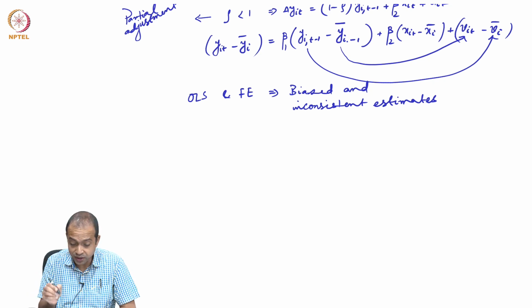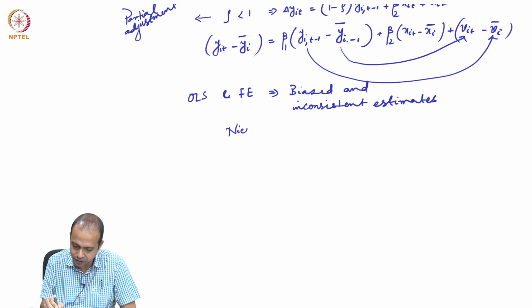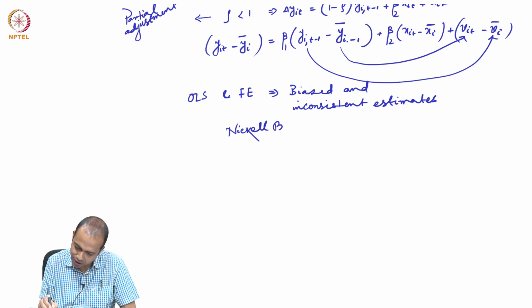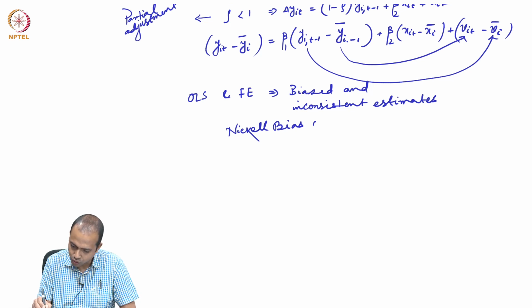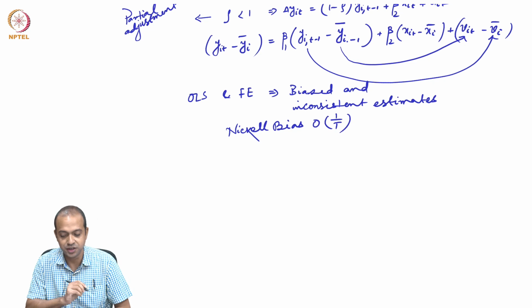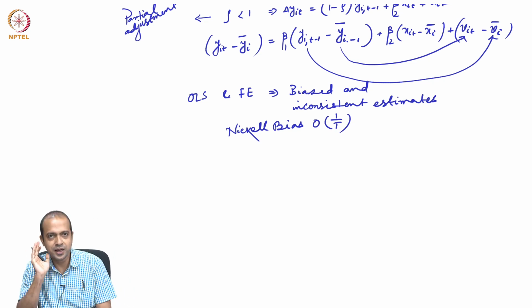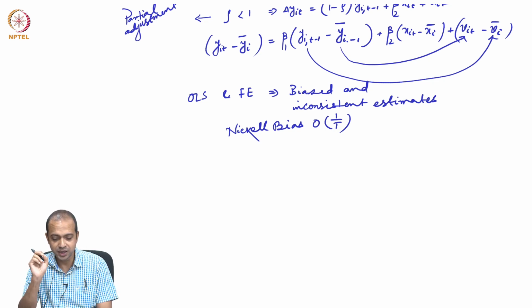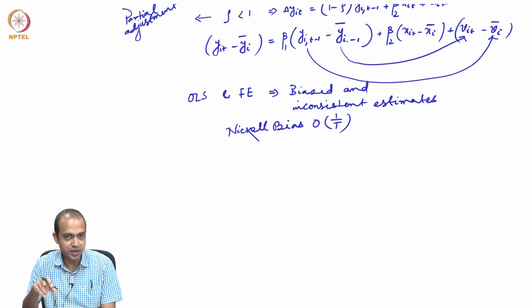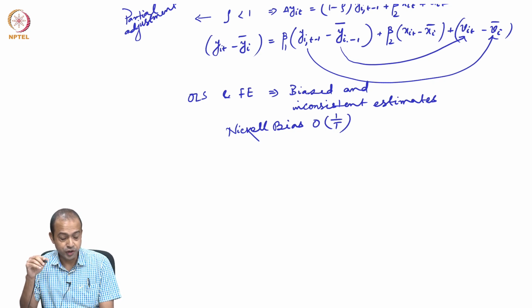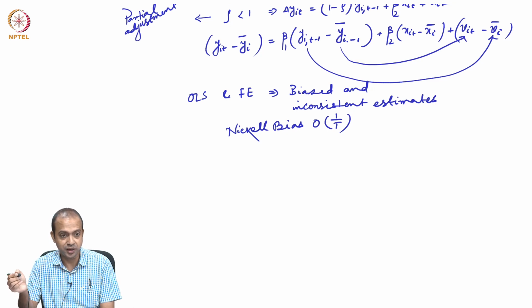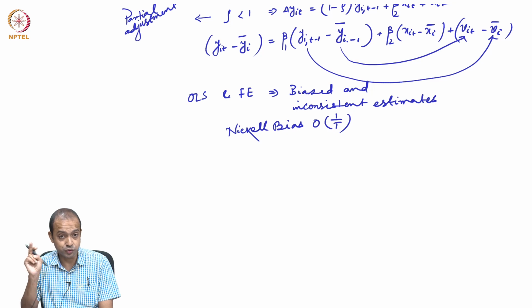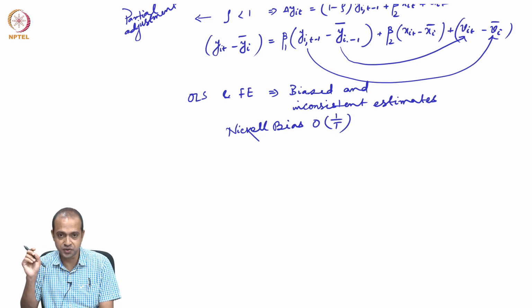And that bias we discussed is called Nickell bias, which is of order 1 by T. We cannot apply OLS and fixed effect transformation because both of them will lead to some kind of bias, and that bias is known as Nickell bias because Nickell was the first econometrician to introduce this type of bias, which is of order 1 by T. That means for a small sample this bias would be a great amount, and we also said that even when T equals 30, that bias amounts to almost 20% of your original estimates.